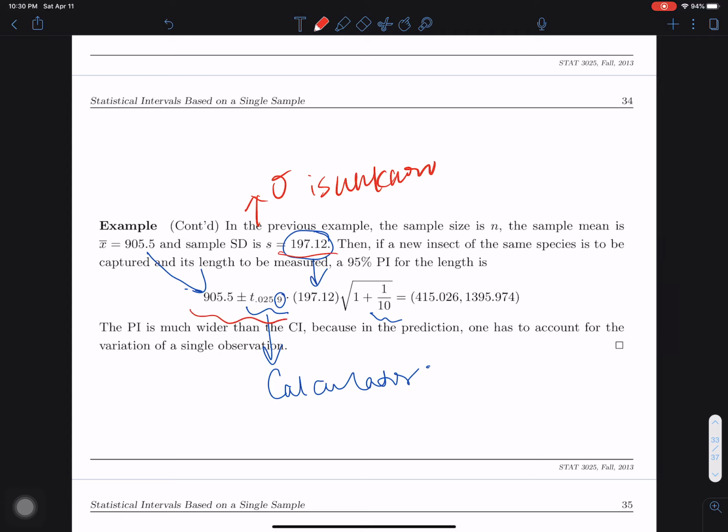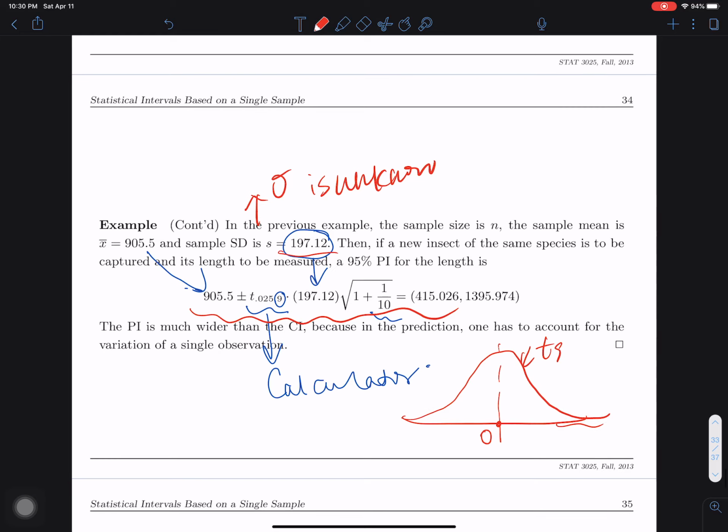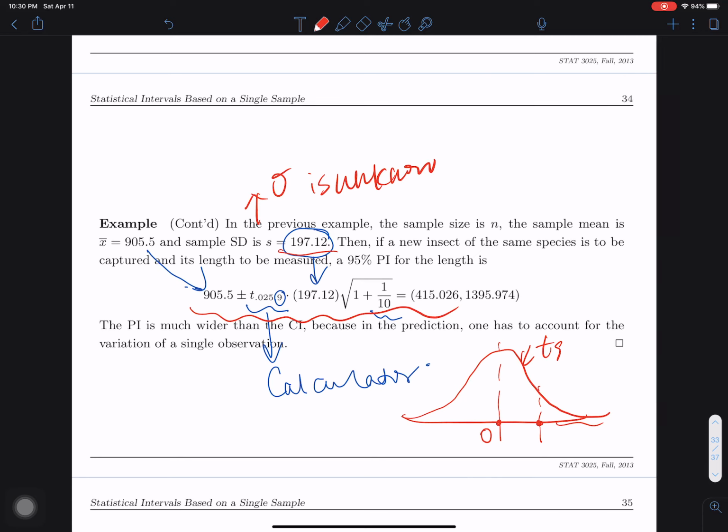That gives us this quantity. And again, what is T.025? If this is a T9 distribution, centered at 0, then this quantity is such that the area to the right of this quantity is equal to 0.025.